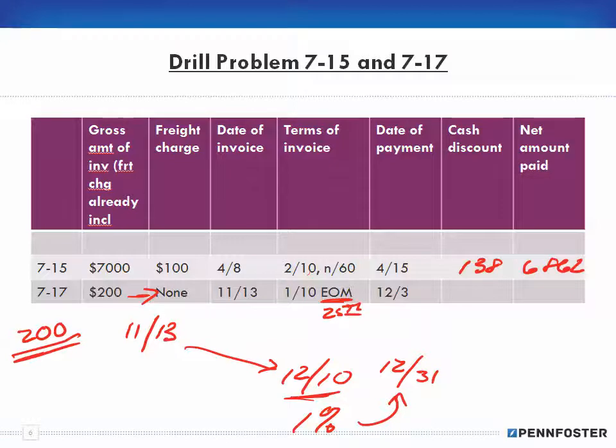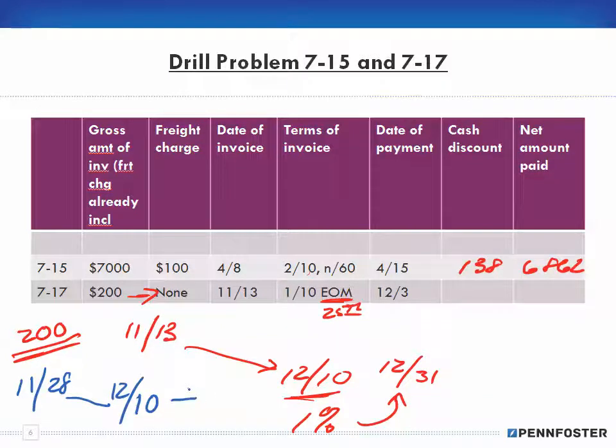Now, as a quick aside, let's say the invoice was dated the 28th. Because it's the 26th or after, it's after the 25th. That means it gets paid on the 10th day of the month, but not the following month, December 10th.